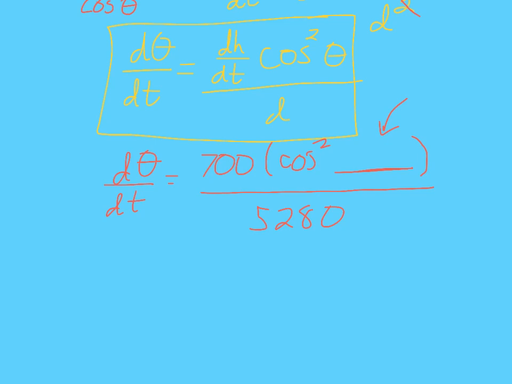At this instant in time, what is theta? Well, let's think about that original equation that we started to work with here. Tan theta was our h over d. Well, our h at this instant is 9,720 feet, and d was 5,280 feet. So if I do a little switch, I can take tan inverse of all of that expression. Tan inverse of that will give me theta.